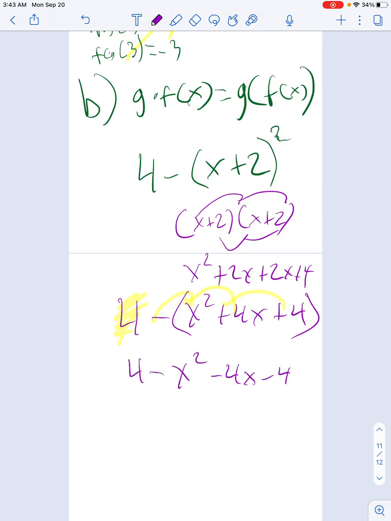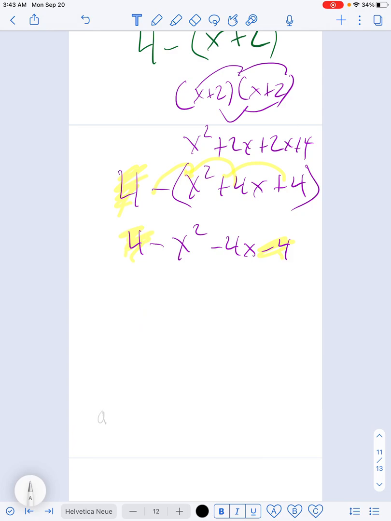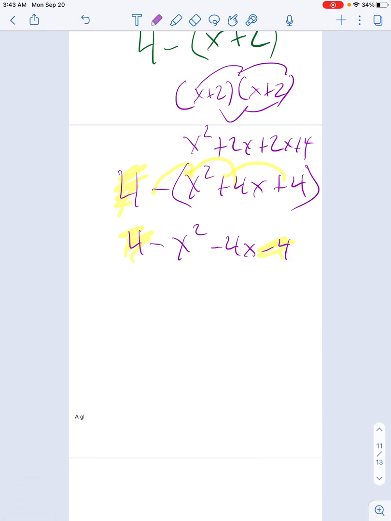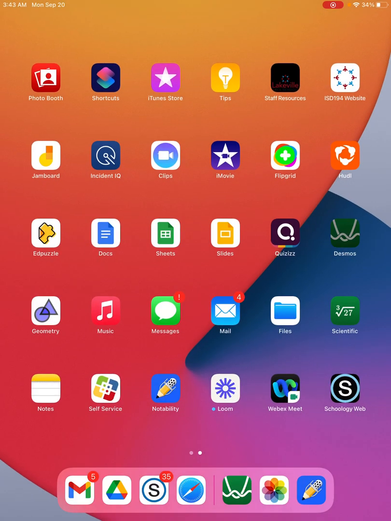So 4 minus x squared minus 4x minus 4. Like terms cancel out. G of f of x equals negative x squared subtract 4x.